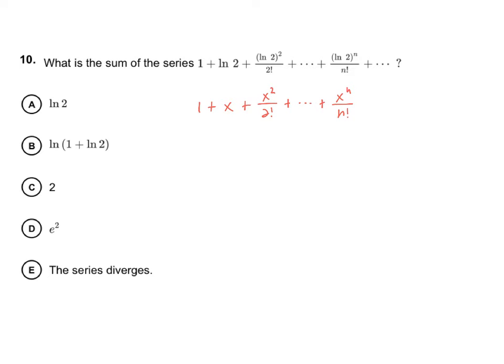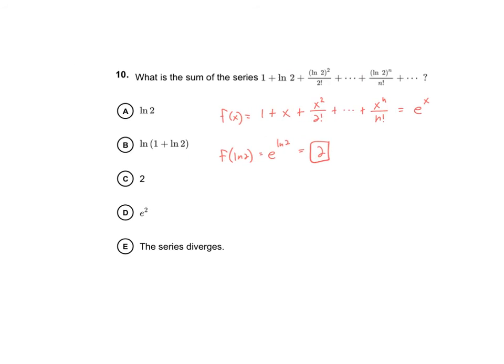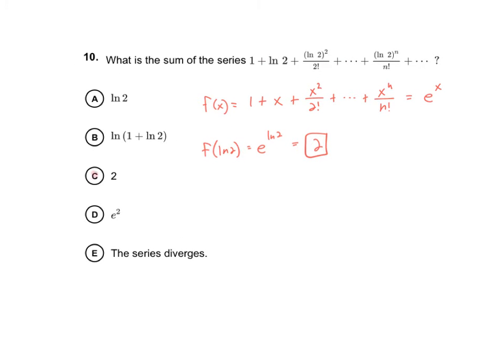So that's this, but just with, so like if this was f of x, this series up here would be f of ln 2. Okay, and then this series here, we just did it in the previous one, is e to the x. And so this is really e to the ln of 2, which is just 2. And so that's just C.